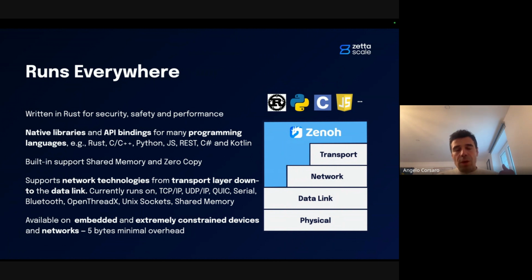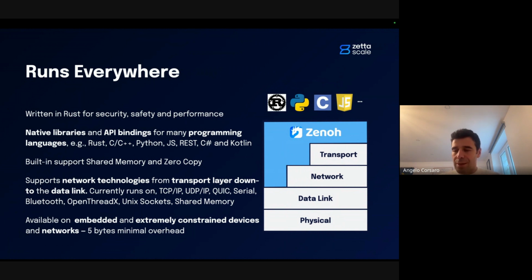Okay, so the last points I want to make on this slide: the minimal wire overhead, if you negotiate the smallest sequence number and so on, is 5 bytes, and in reality, the actual wire overhead is (3n + 2) divided by n, if you are able to batch more messages together, okay?